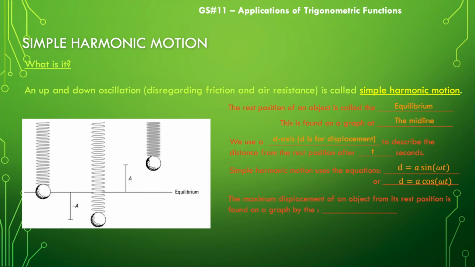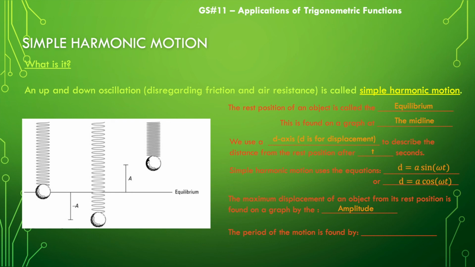The maximum displacement, the maximum amount this object can go from its equilibrium, is going to be the amplitude of our function. The period of the motion is the length of time it takes to complete one full cycle, just like a sinusoidal function.